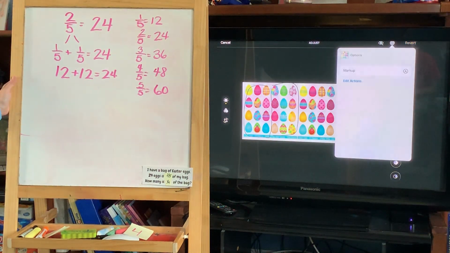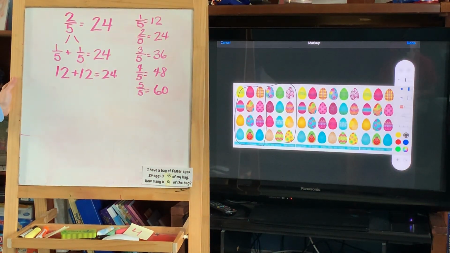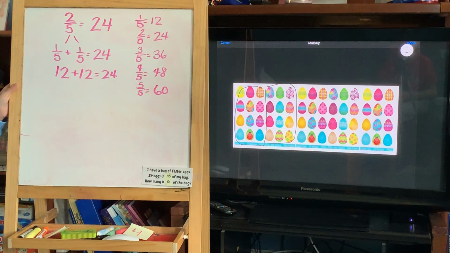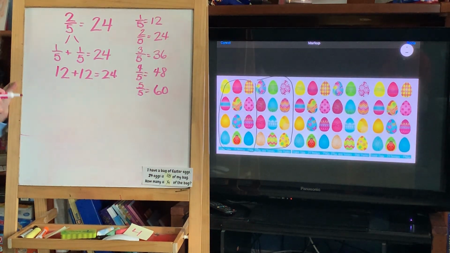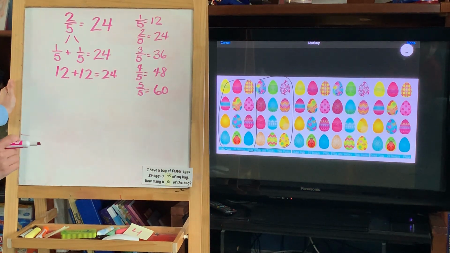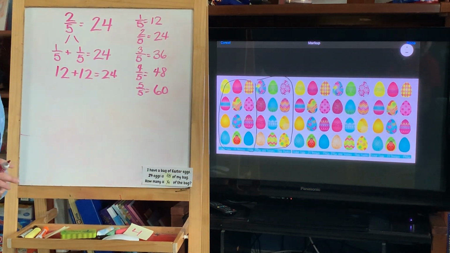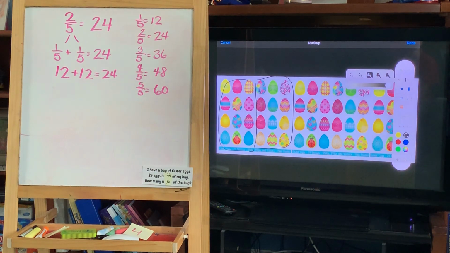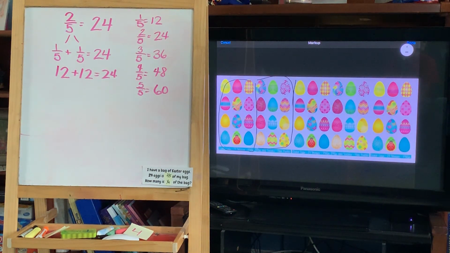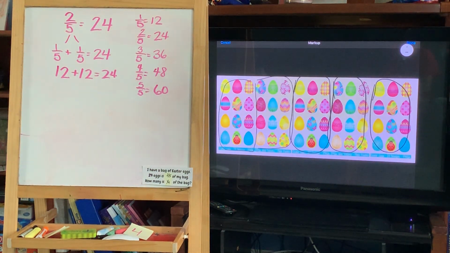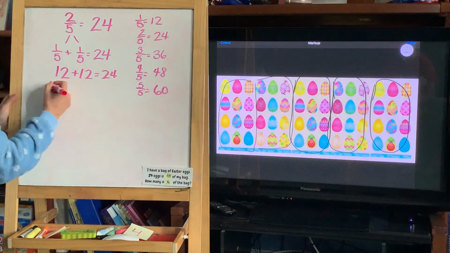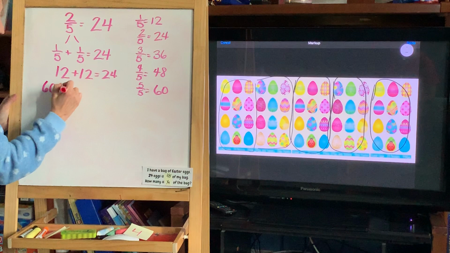Okay, so now I have my whole picture of 60 eggs, and you can see that I've circled my original 1/5, 1/5, and I could keep circling 1/5, and you could see I would break that into 5 groups of 12 eggs each. So there's 4 going down, 4 rows of 3, and that would equal 12. Okay, so now I know what my total equals. So I now know I have 60 eggs in all.